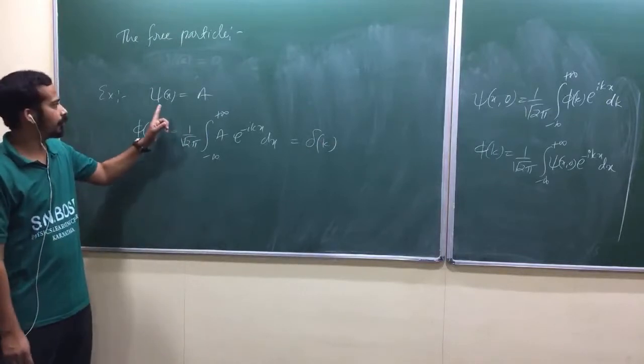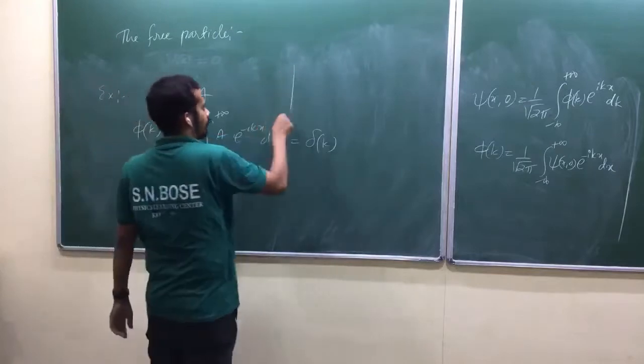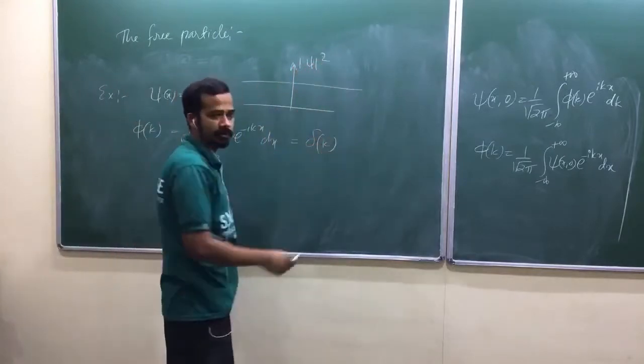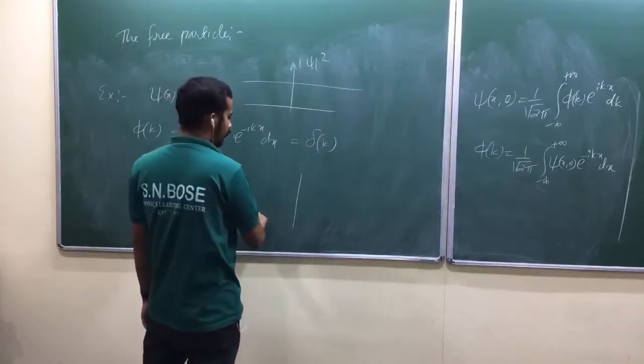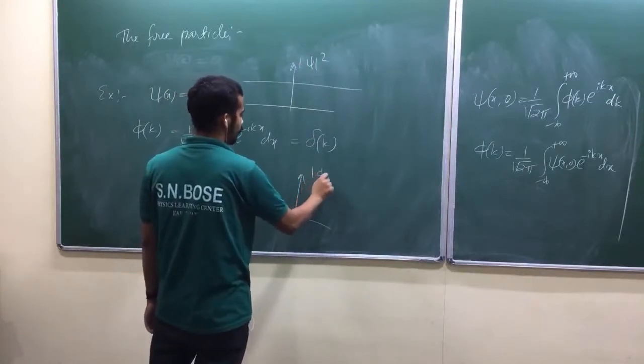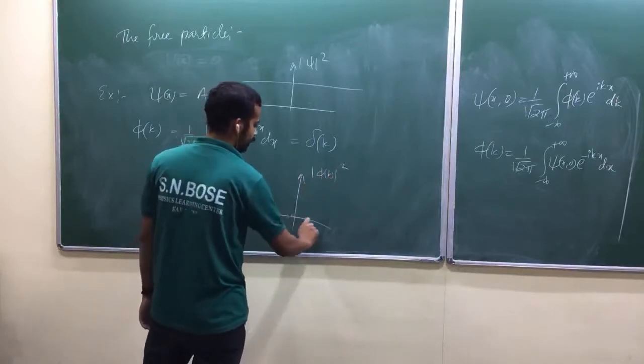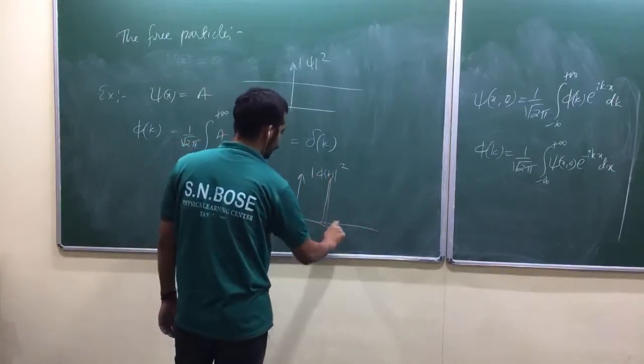In position space, look here, mod psi square is constant like this. Is that okay? Your momentum space will be a Dirac delta, meaning somewhere here at k.